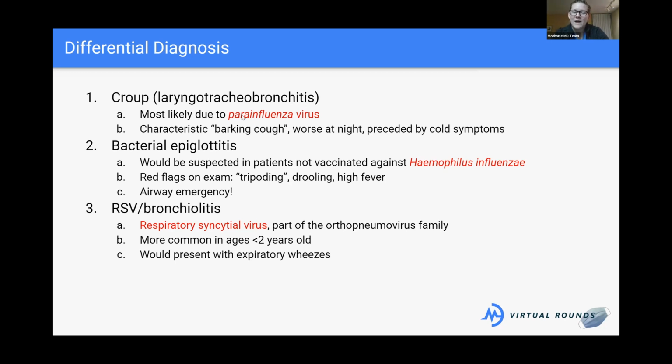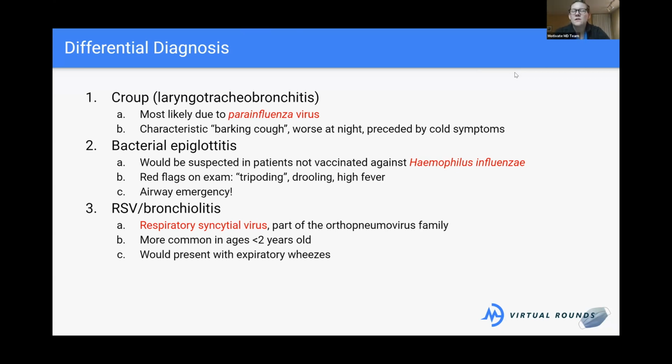So the most common pathogen that causes croup is the parainfluenza virus. We'll talk about the different viruses a little bit later. There are other things that can cause croup, but this is just the most common one.